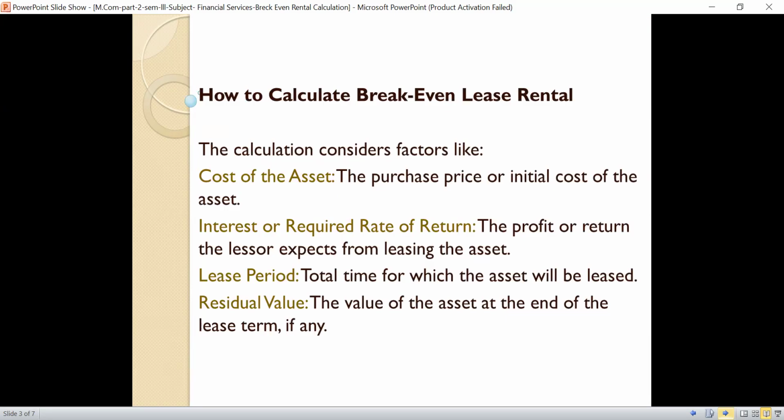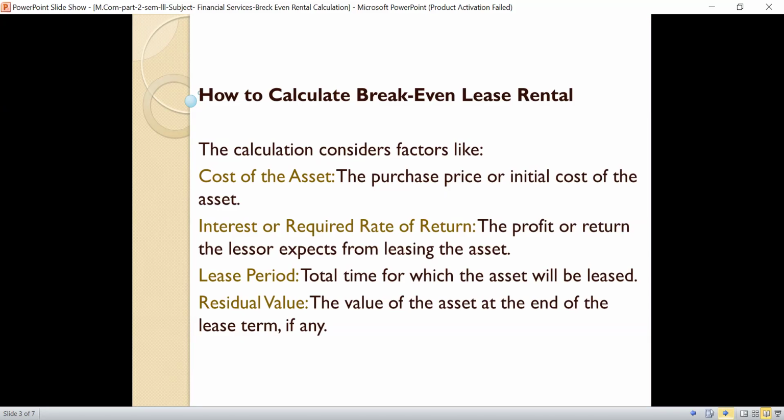Next is how to calculate break-even lease rental. The calculation considers factors like, first, cost of the assets, the purchase price or initial cost of the assets, which means the cost of the assets is the amount of money spent to buy the asset or its initial price.